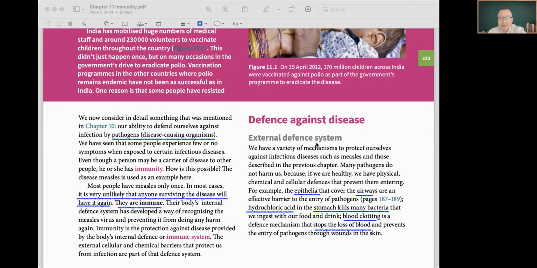If a person unfortunately gets, for example, a knife cut on the skin, the person will bleed, right? The blood will come out of the blood vessel, but in a short time the blood will coagulate and the blood clotting will prevent further blood loss.